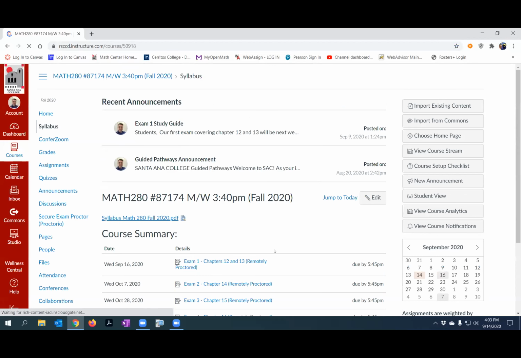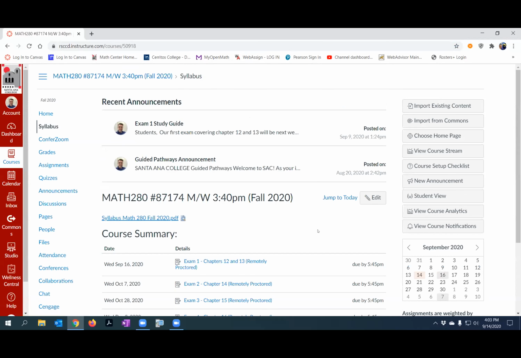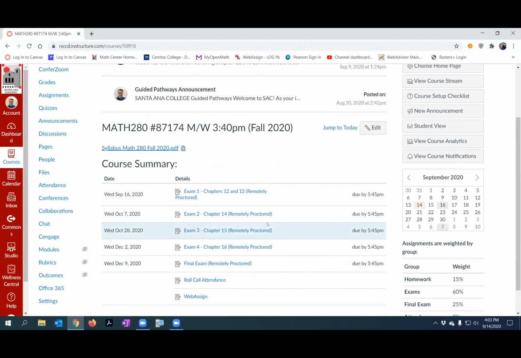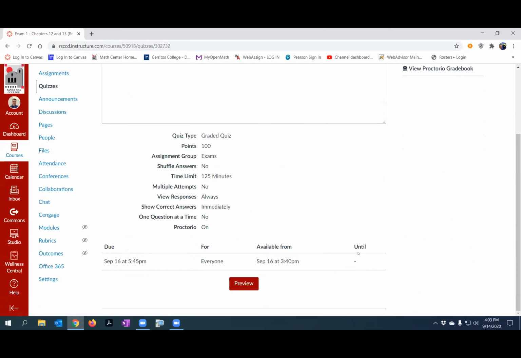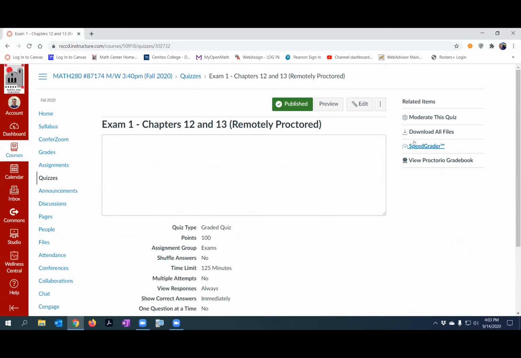So again, it's going to run just like the homework, but at the very beginning, you're going to log into exam 1. Then you're going to do the homework assignment that's called exam, chapter 12 and 13 exam. And then at the very end, you're going to upload your work.